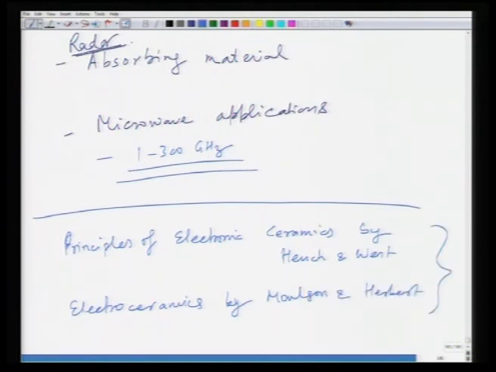Both are Wiley publications. These two books will provide you a good overview about the fundamental understanding and the applications of these magnetic ceramics.